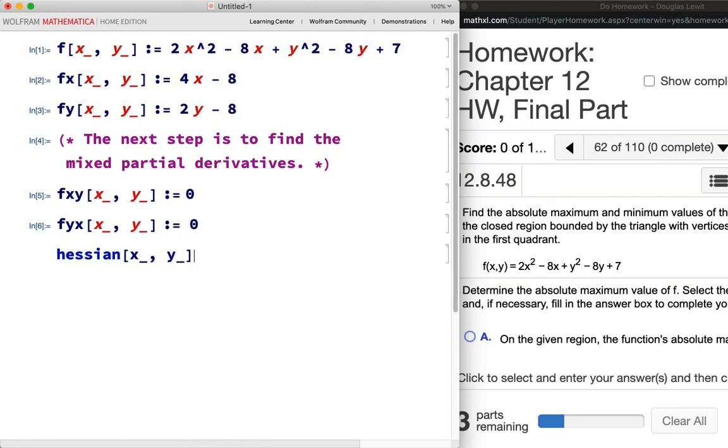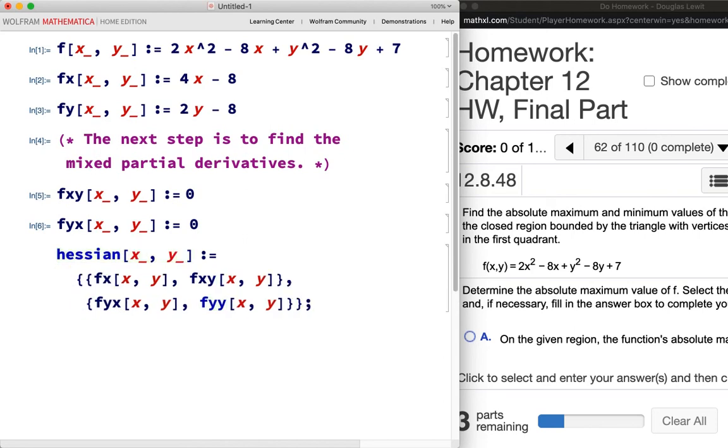X and Y, because X and Y will have specific values. So that's going to be fxx(x,y), fxy(x,y), fyx(x,y), and finally fyy(x,y).